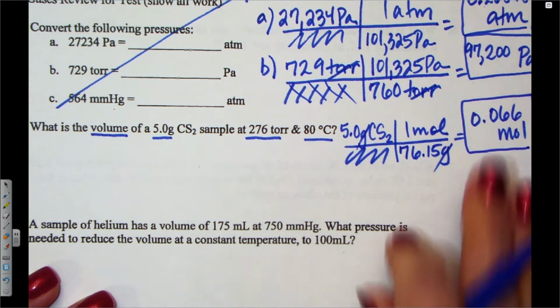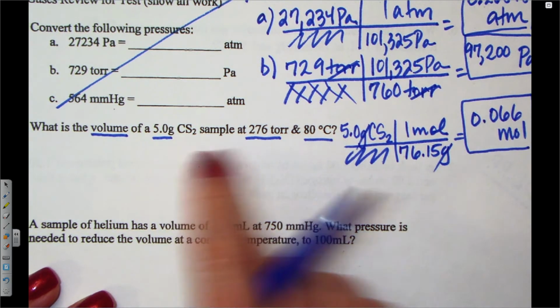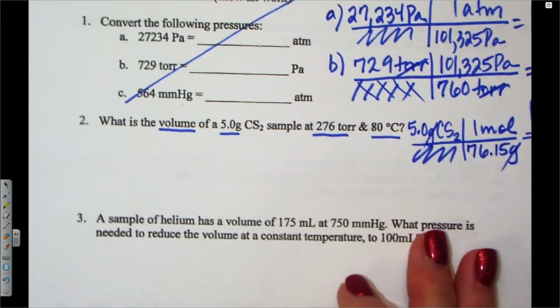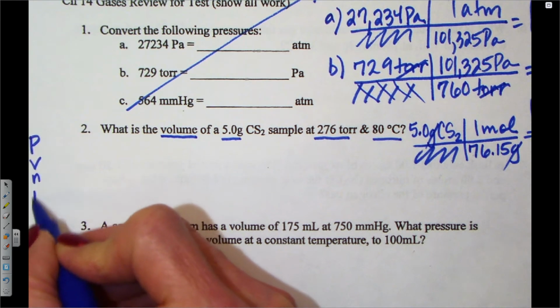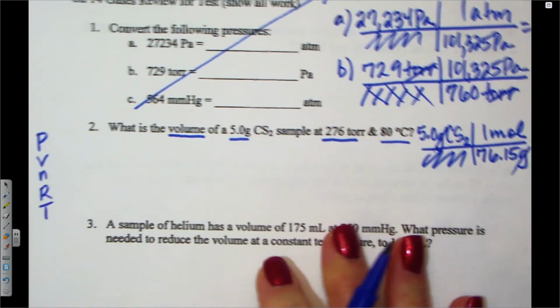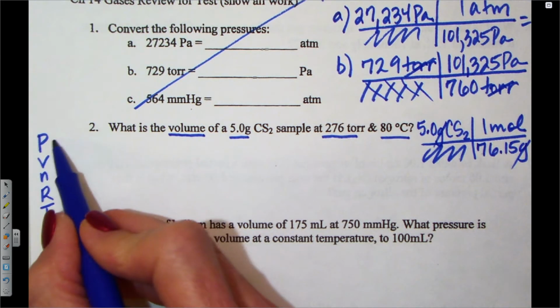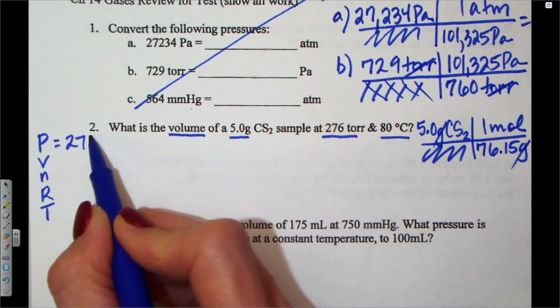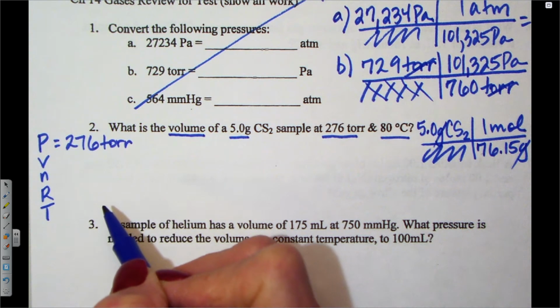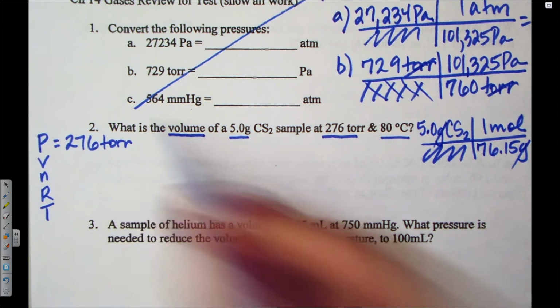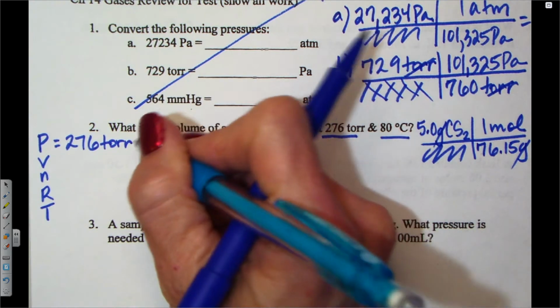So now we have the moles, and we're going to label our givens. So I'm going to go ahead and write down P, V, n, R, and T. The pressure is 276 torr. Now remember, for pressure in the ideal gas law, it has to be in atmospheres. So I'm going to go ahead and convert that.